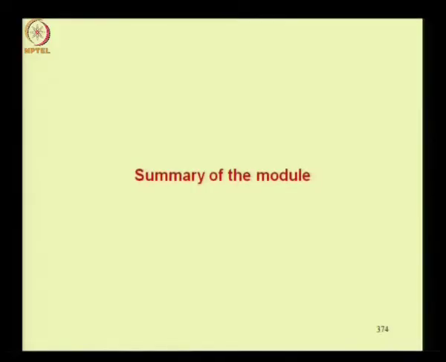Now these are some of the important approximations in which you use the concept of scaling lengths and times to decide whether the approximation is valid or not. So with that we have completed our discussion of this module, the topics in this module, and so we move on to summarize the important points of the module.